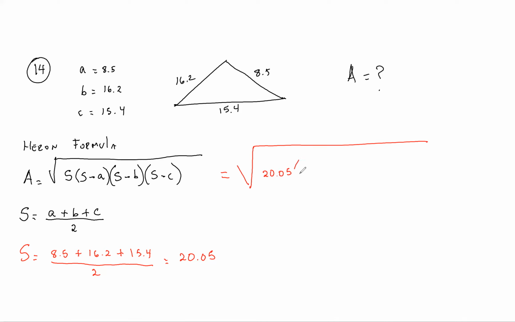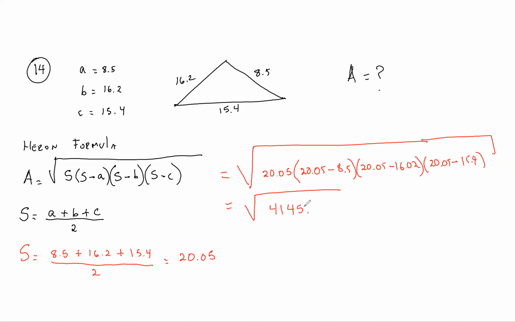20.05 times 20.05 minus 8.5, minus 16.2, minus 15.4, will be the square root of 4145.9.